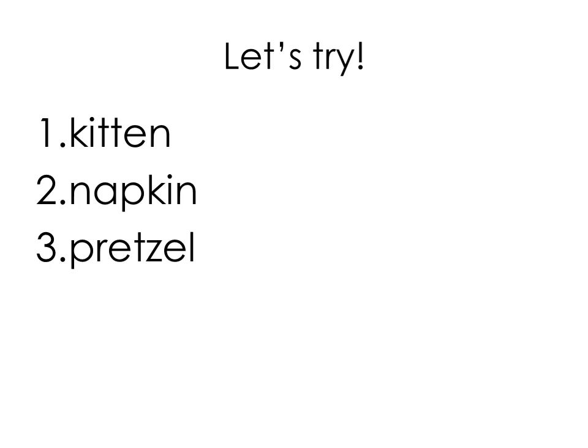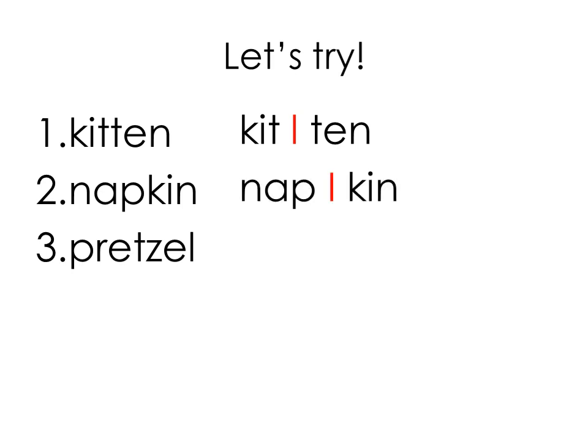And if you're done, click the play button so we could check your answers. Number 1, kitten, kit, chop, ten. Number 2, napkin, nap, chop, kin. Number 3, pretzel, pret, chop, zel. Good.